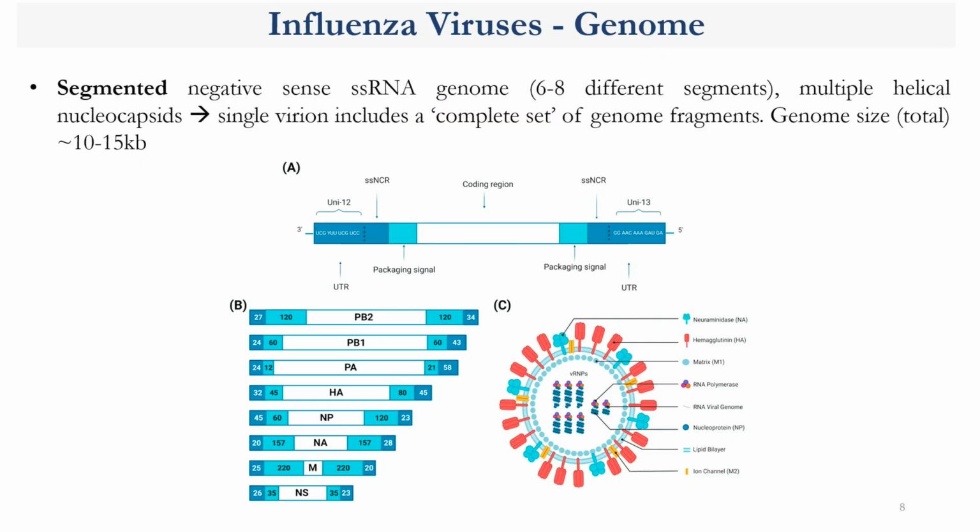Now, a couple of things I want you to pay attention to here. This Uni12 and Uni13 region, okay? That's the universal primer region, okay? These are self-complementary. So what do you think will happen? What does it mean that they are self-complementary? Is the sequence of this region complementary to this region?